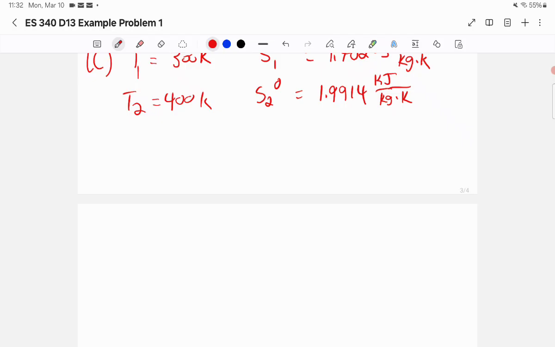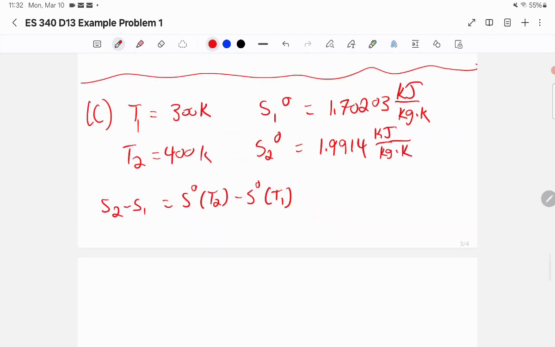But for the ideal gas equation, we know that S2 minus S1, the change in S, has to be equal to S circle of T2 minus S circle of T1, which is what we have here.